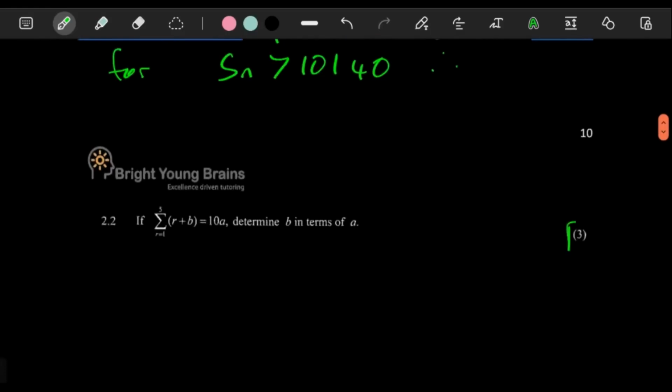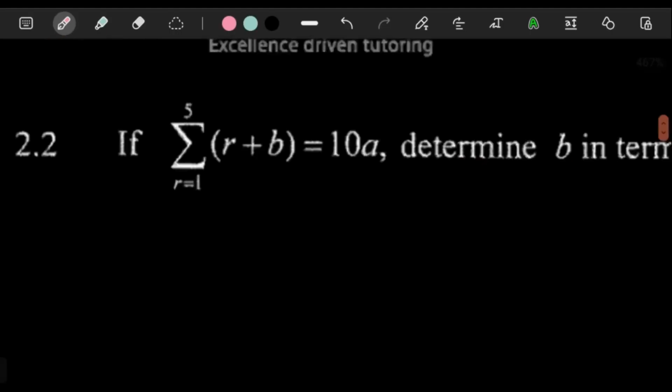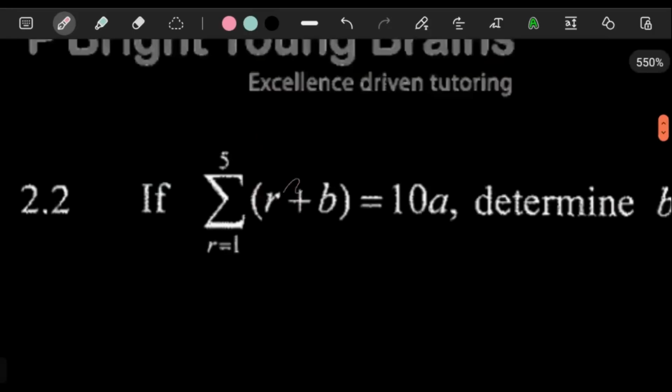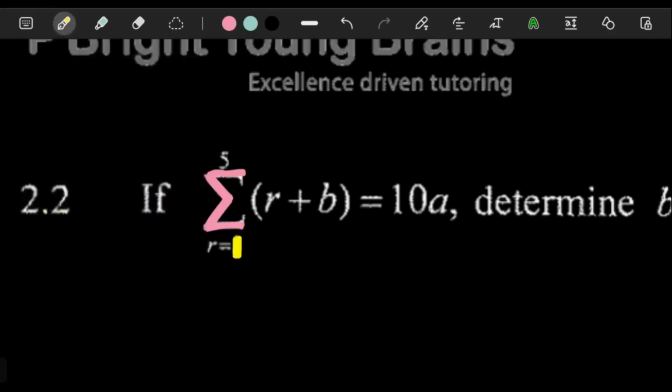For 3 marks, what did they say? If your expression here is equal to 10a, determine b in terms of a. So the logic behind this is, you have to remember that this is telling you that you have a sequence, but terms were added up, starting from this number, ending up at this number.